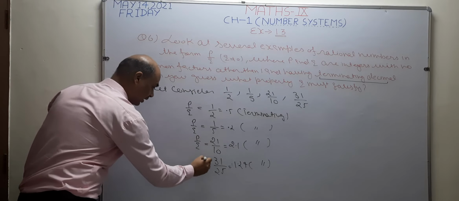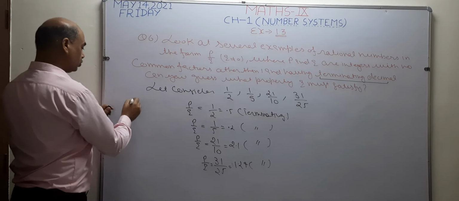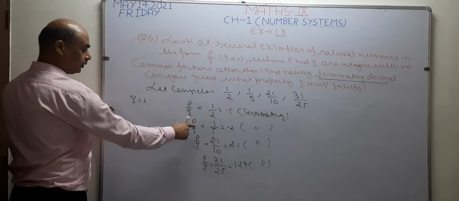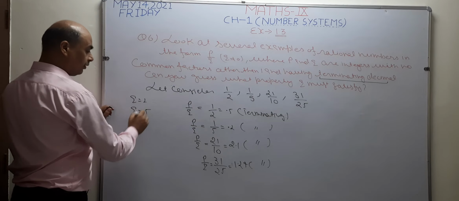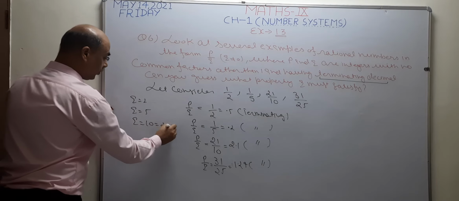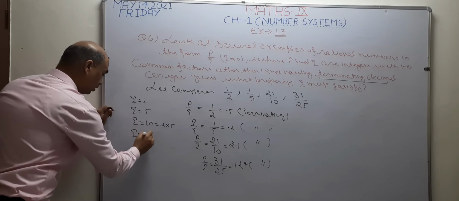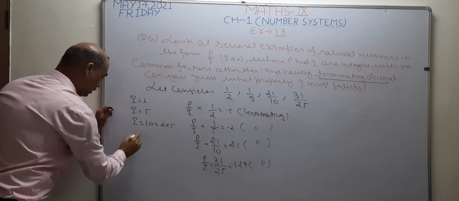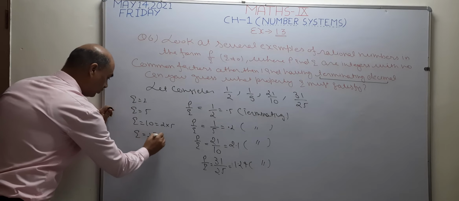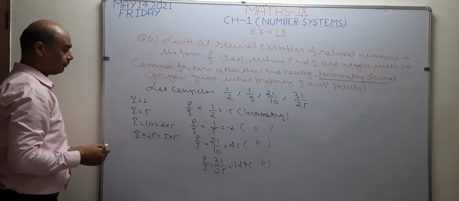Now in this one q is equal to 2, here q is equal to 5, here q is equal to 10, and 10 can be written as 2 into 5, and here q is equal to 25 and 25 can be written as 5 into 5. Now see what is common between them.